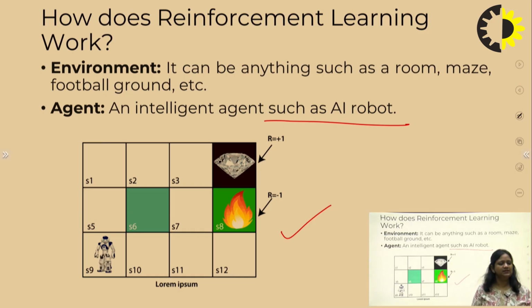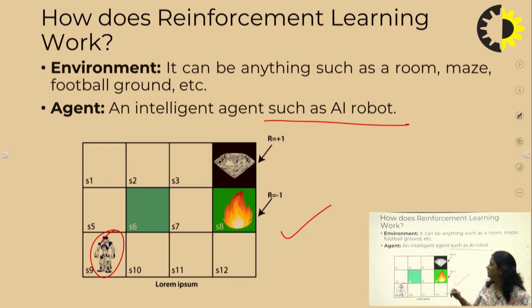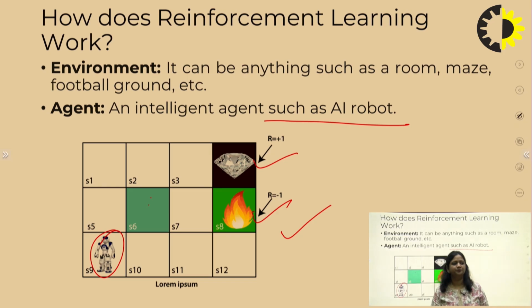So we can say a small grid in which there are a number of cells. The agent can be in position S9. This is the final destination. This is a fire pit, and this is a small fixed wall.